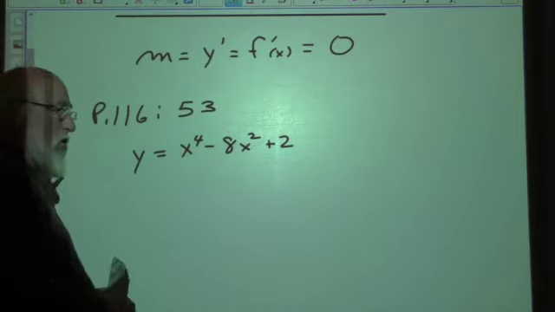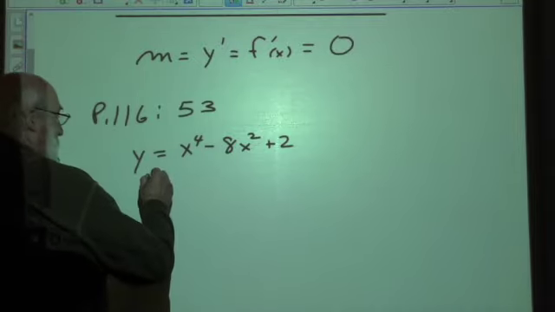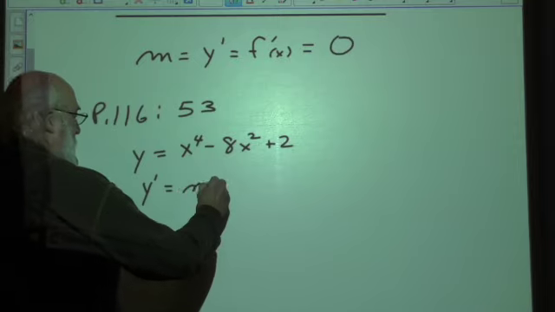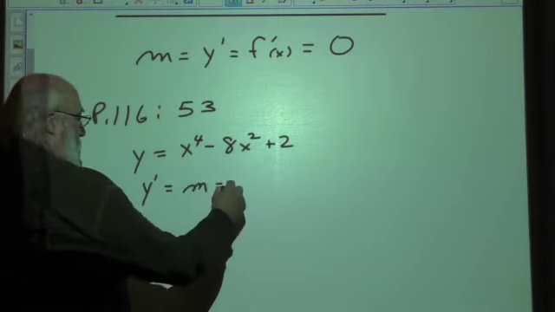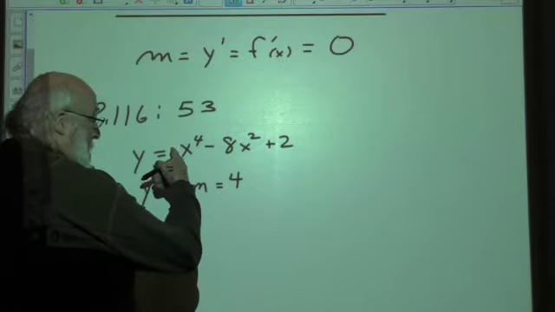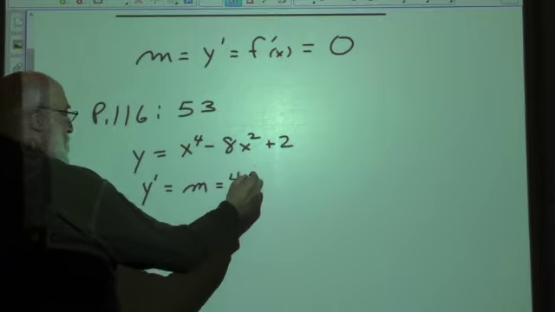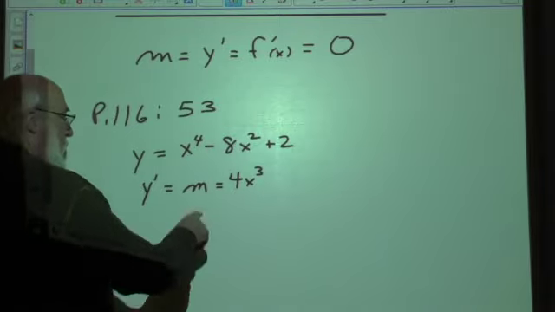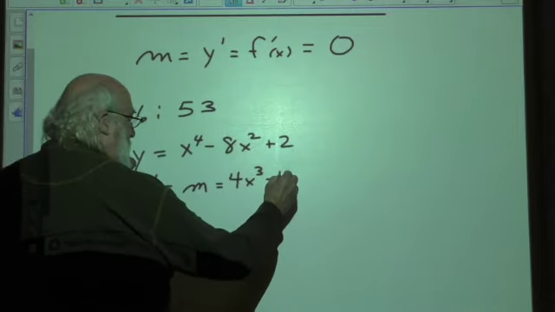So we're going to use the power rule for this. So y prime, which is our slope, is going to equal, well, bring the 4 down and multiply by the non-existent 1. Bring the x and then take 1 less than 4, that gives us 3. And then 2 times negative 8 is negative 16.